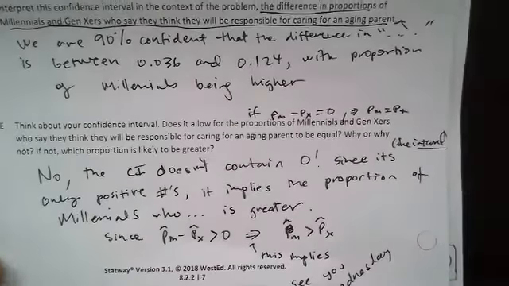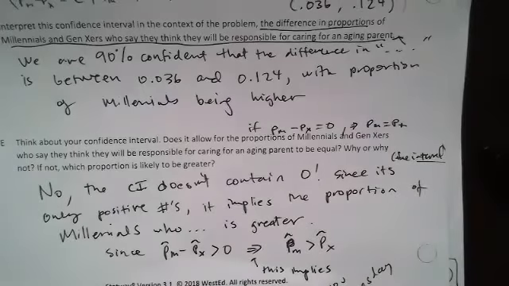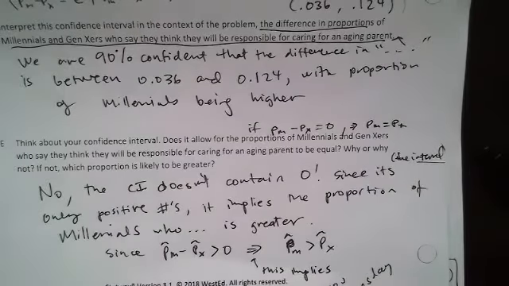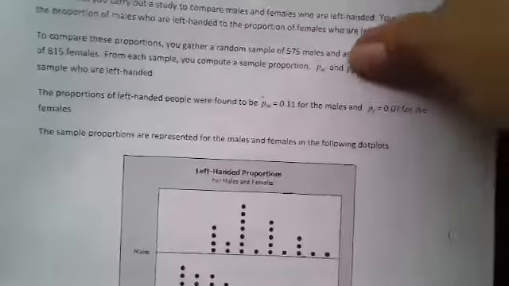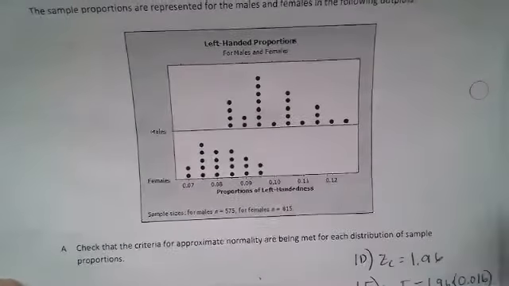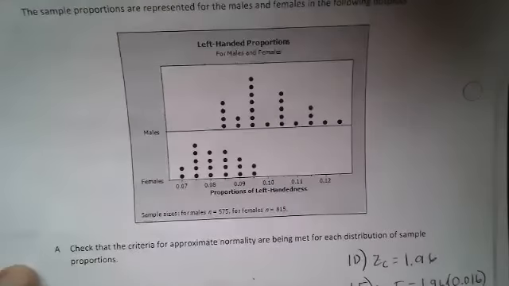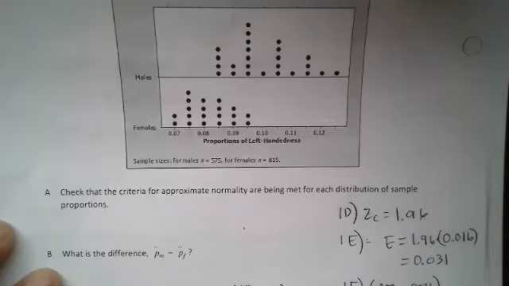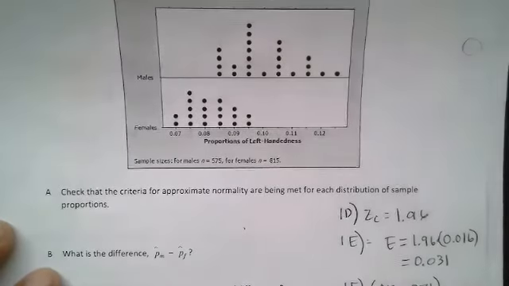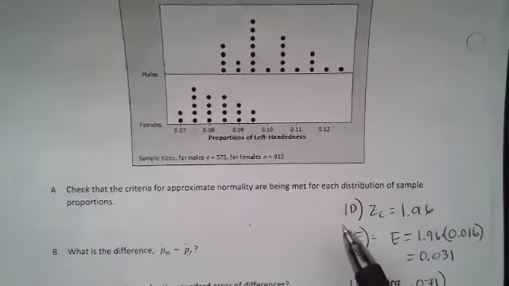Wait, can you go over 8.2.1a? Okay, 1A. Check the criteria for approximate normality are being met by each of the samples, right? This is the one where you have to put in the formula.